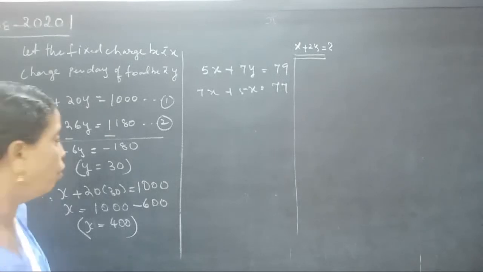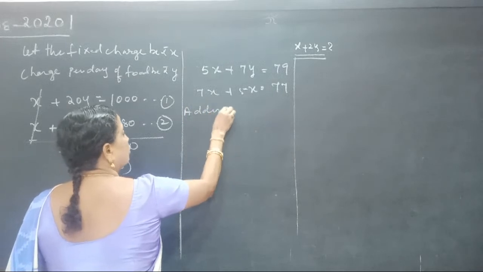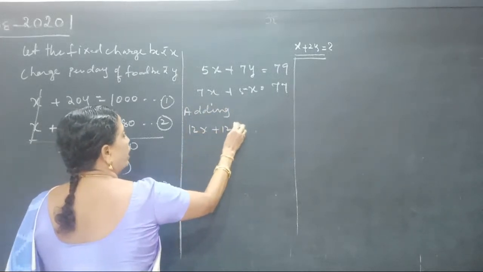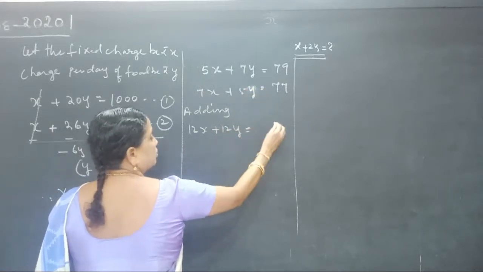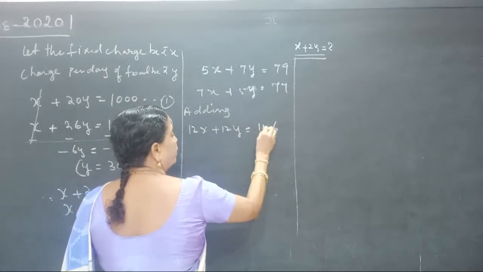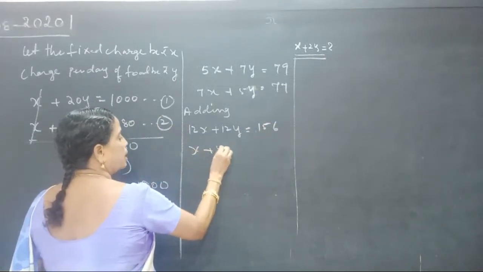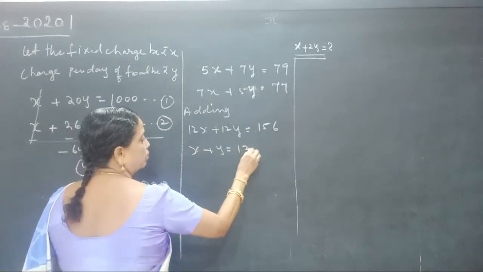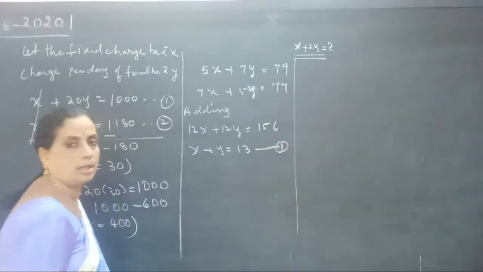Okay. I will go with adding the equations. What you will get? 12x plus 12y equals 156. Dividing by 12, x plus y equals 13, the simplest form of the equation.